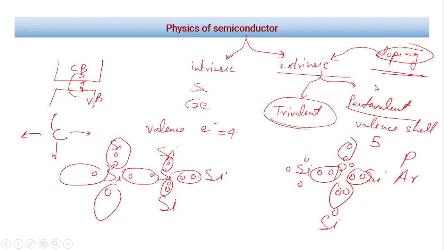When we use pentavalent atoms for doping, it leads to an extrinsic semiconductor called n-type semiconductor, because here the electrons are more, meaning the negative charge is more. When we use a trivalent atom for doping, it gives us an extrinsic semiconductor which is a p-type semiconductor, because we'll see why.